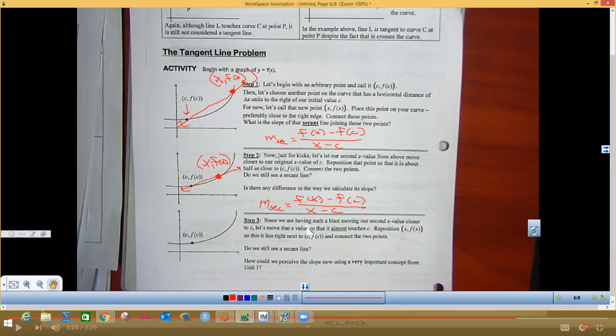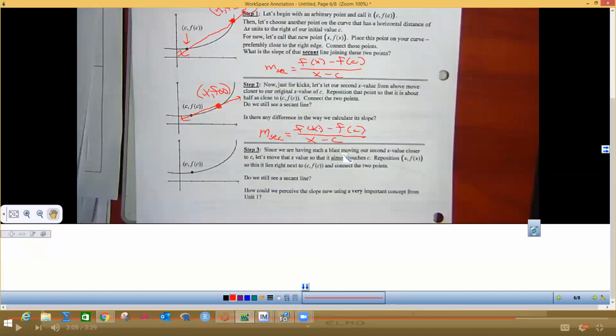Then step 3 says, since we are having such a blast moving our second x value closer to c, let's move the x value so it almost touches c. So we're going to take x, f of x, so that it's right next to c and connect the two points. Here is that first point, and I'm going to put it right here beside it and draw that secant line.